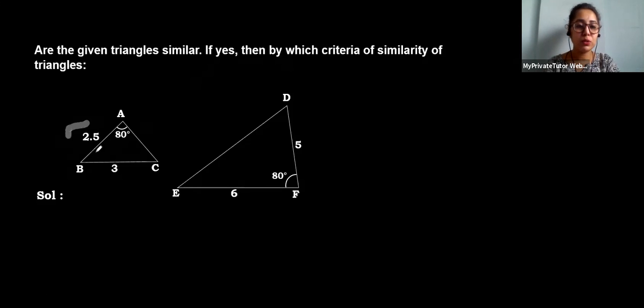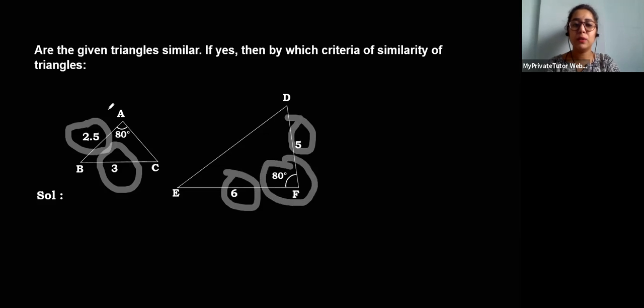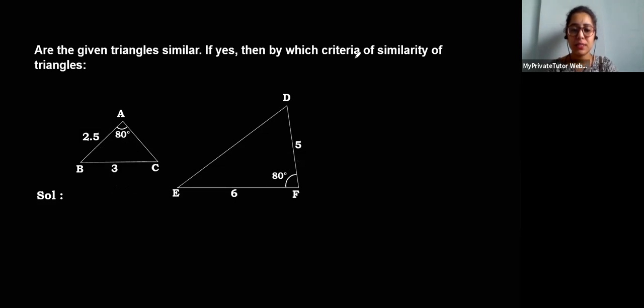You can see that two sides are given, and what are the angles given? You can see that both of the angles are 80 degrees. But if you clearly observe both of the triangles, what is happening?